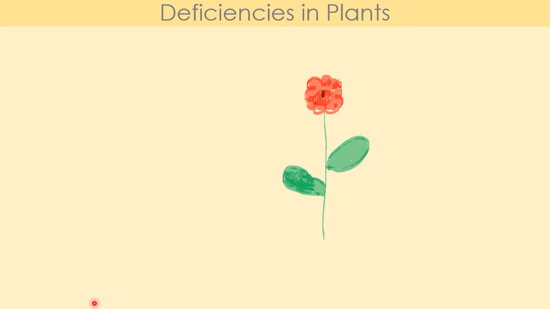Now, there can be cases where plants have a deficiency. We'll have a look at one now. So we have a plant here that is deficient in nutrients. It has low nitrates and low magnesium ions.